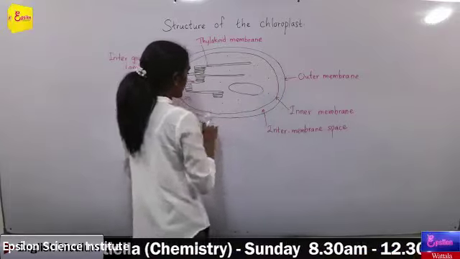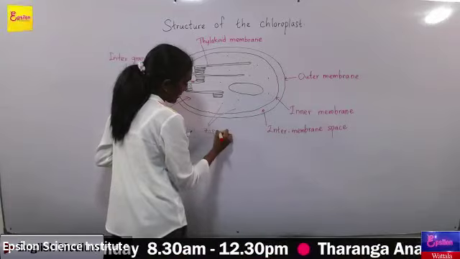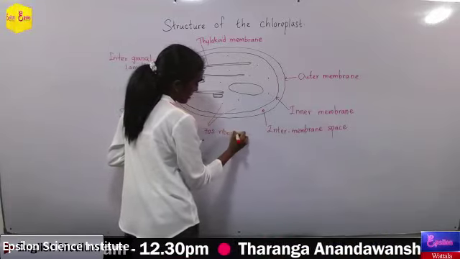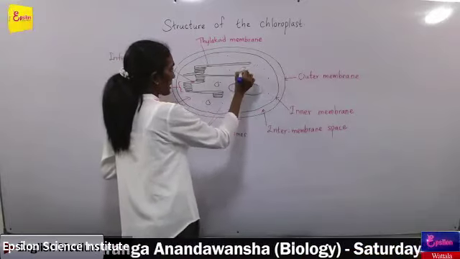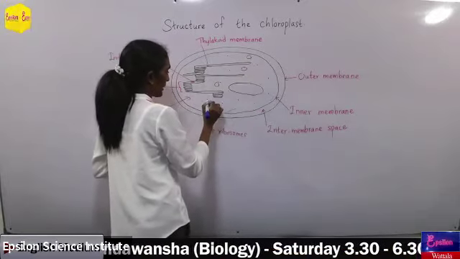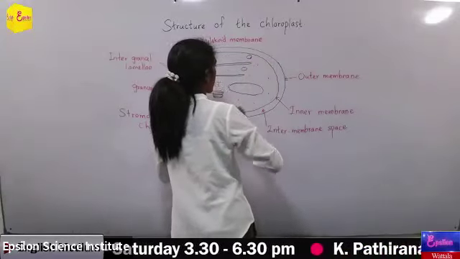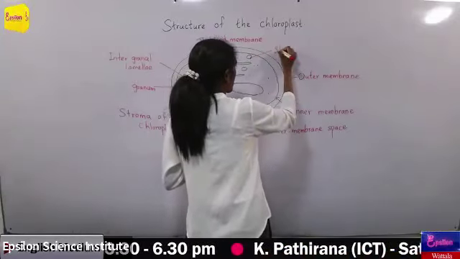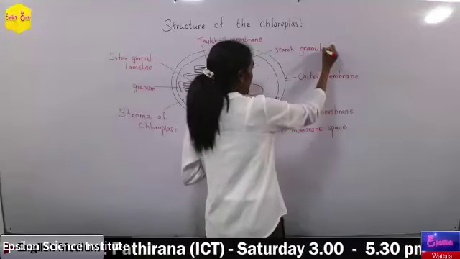What are these? 70S ribosomes. Other than that, starch granules are also present in the chloroplast stroma, right? Draw this nicely.